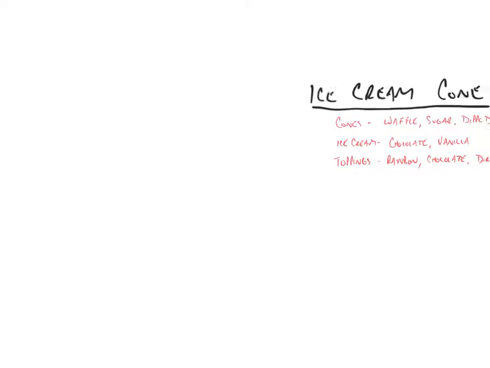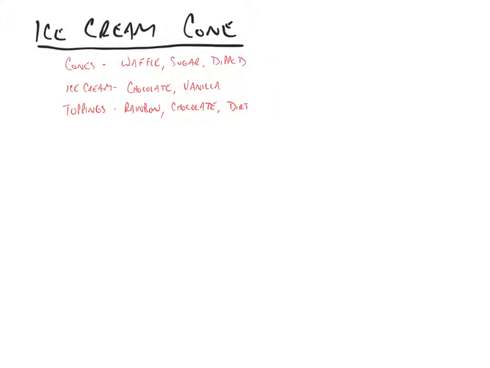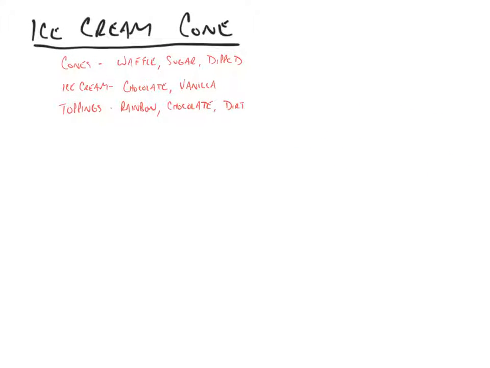We also had the ice cream cone. So we said there's an ice cream truck out front, and they have cones, ice cream, and toppings. You're picking one of each, and you do have to pick one of each. The question that I asked was, how many different combinations are there?